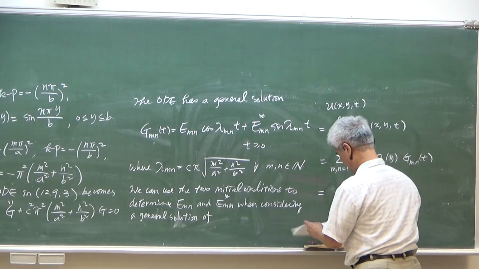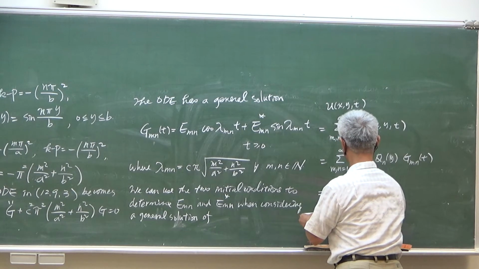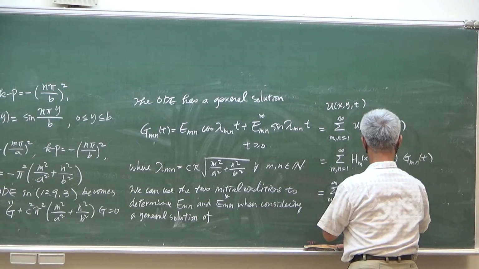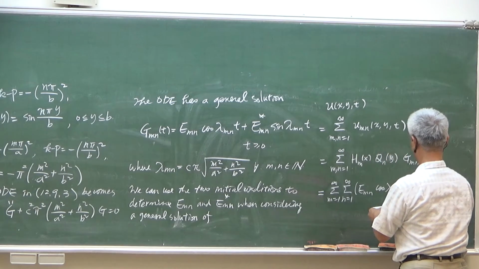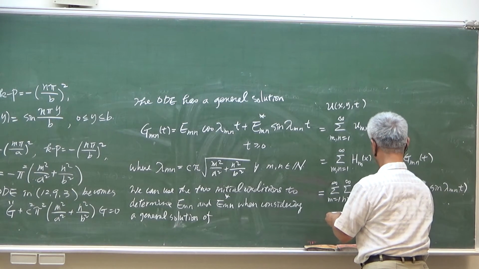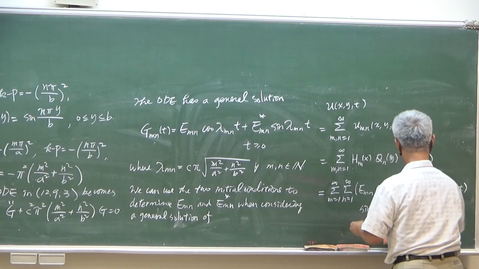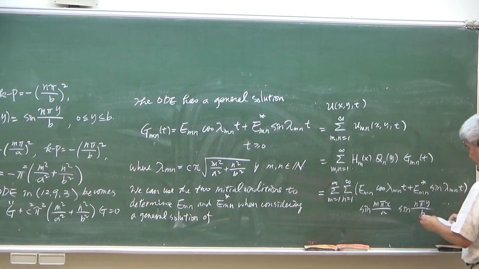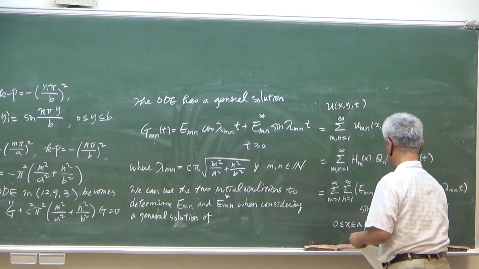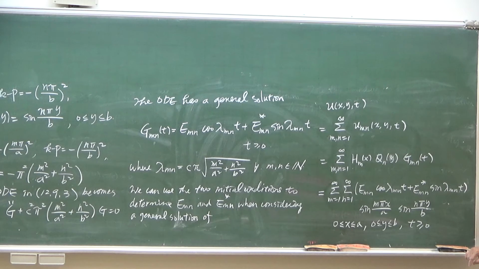So this is equal to summation m from 1 to infinity, summation n from 1 to infinity, of e_mn cosine lambda_mn t plus e_mn star sine lambda_mn t, times sine m pi x divided by a, times sine n pi y divided by b, for all x between 0 and a, for all y between 0 and b, and for all t greater than 0, by superposition.